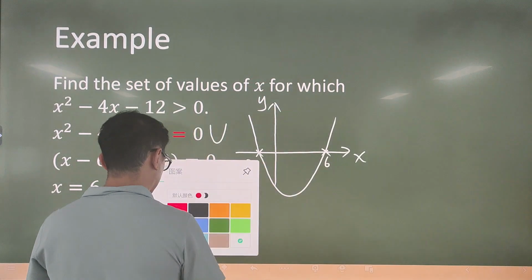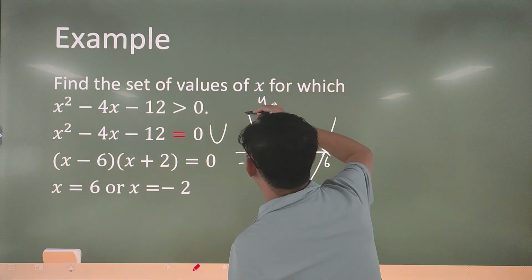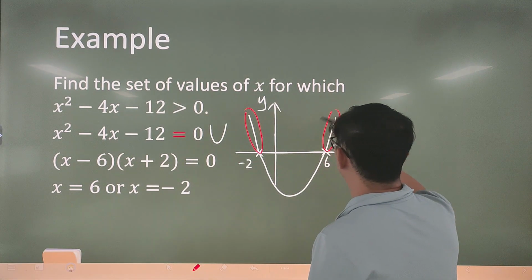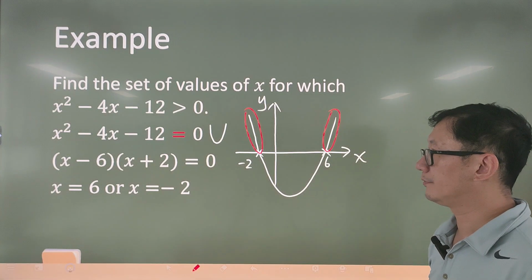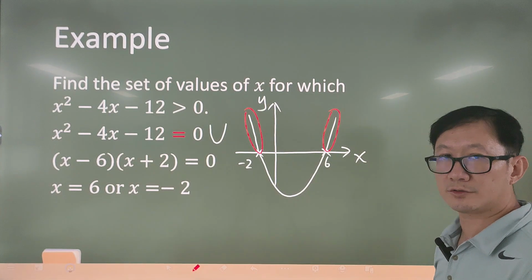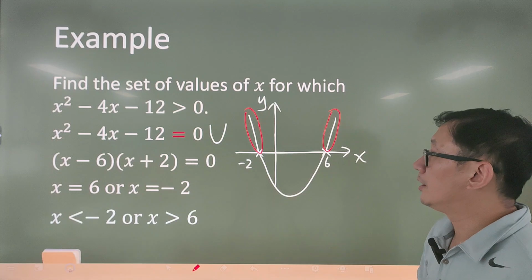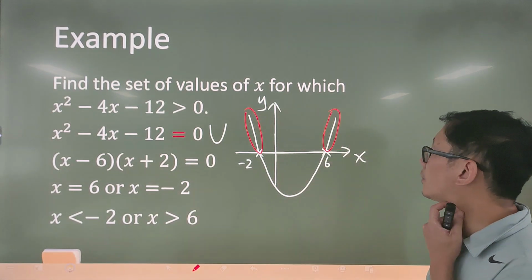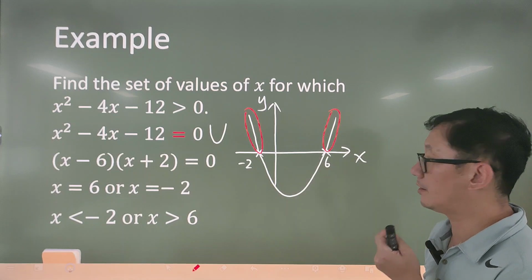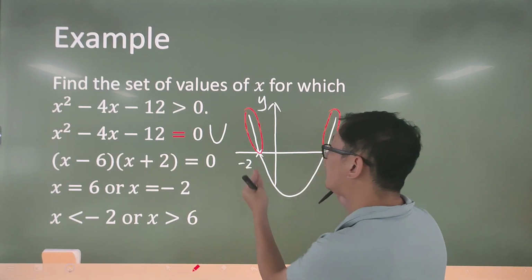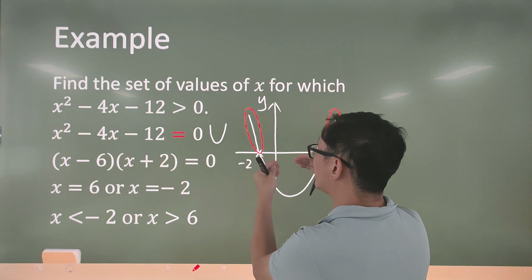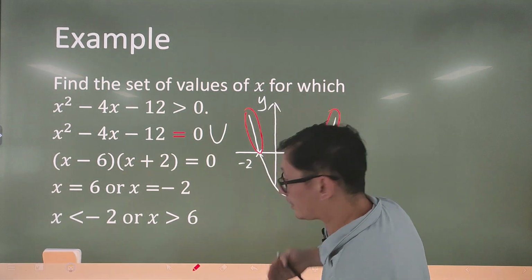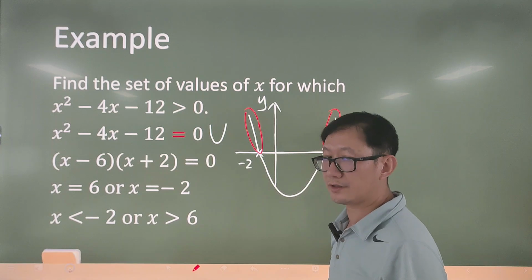So it's actually this part of the curve and this part of the curve. So our solutions are x should be less than negative 2 or x is greater than 6. You can see it's not between those two values. That's actually smaller than 0 rather than greater than 0.